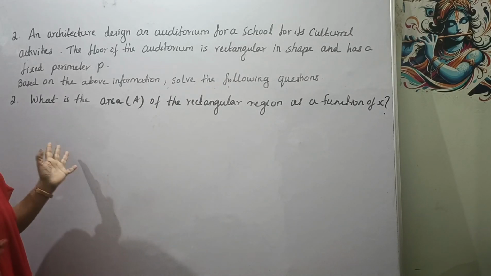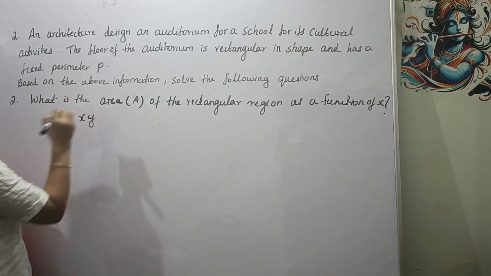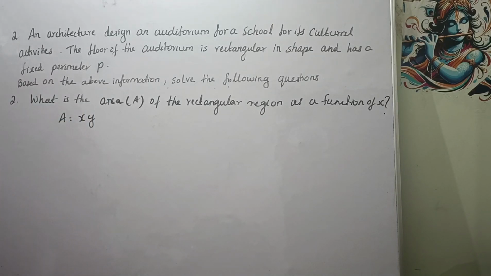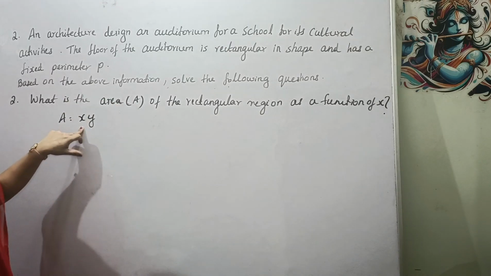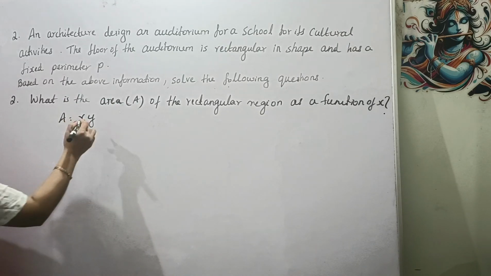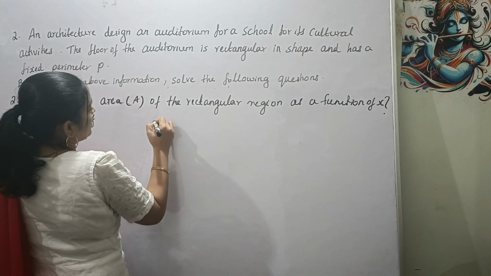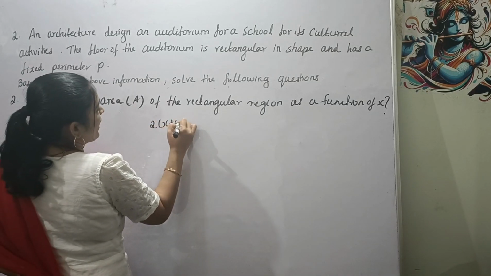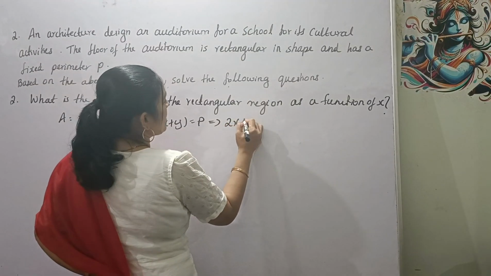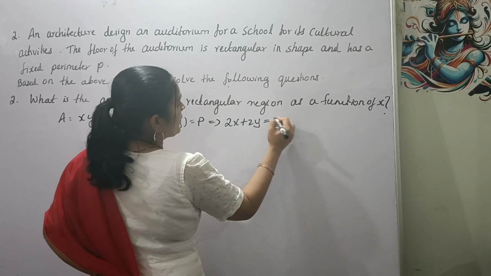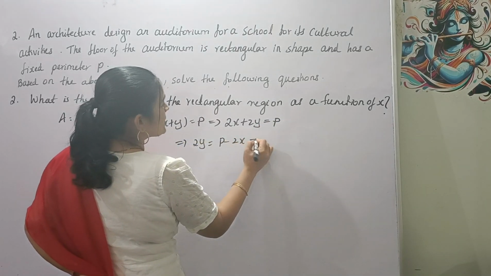Here length and breadth are x and y. So here A is equal to x into y. But here we have to express this area as a function of x. Okay. So substitute what is y. We know that 2 into x plus y is equal to P. Right. That implies 2x plus 2y is equal to P. That implies 2y is equal to P minus 2x.